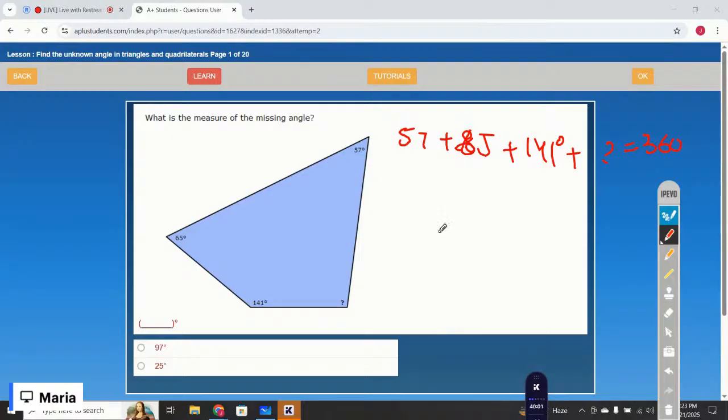So subtract 263 from 360. Then that would be 97. So the measure of the missing angle is 97. Option number 1 is the correct option.